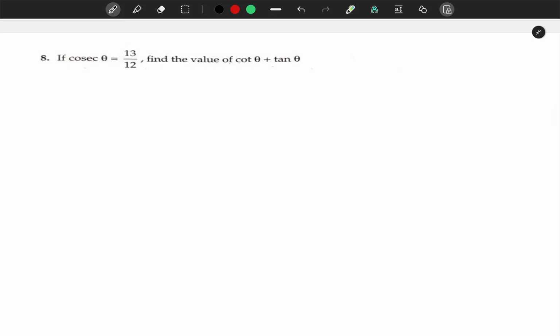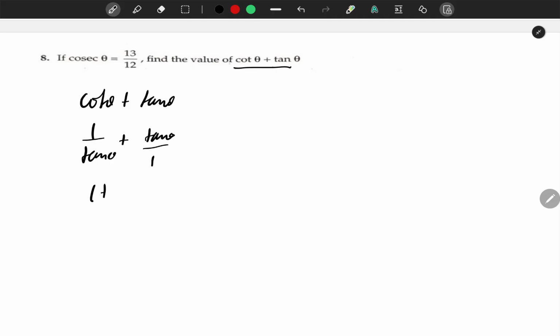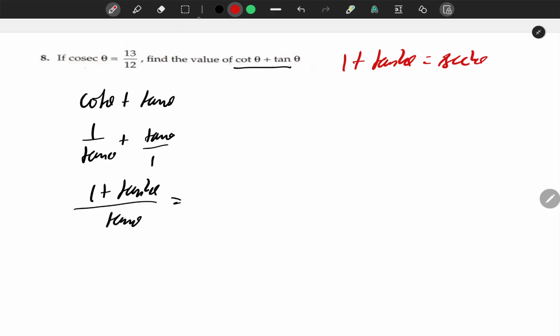Then cosecant theta is equal to 13 by 12. Find the value of cot theta plus tan theta. Let us simplify it. We can write cot as 1 by tan. If you take the LCM, it will be 1 plus tan square theta by tan theta. We know the identity 1 plus tan square theta is equal to secant square theta.